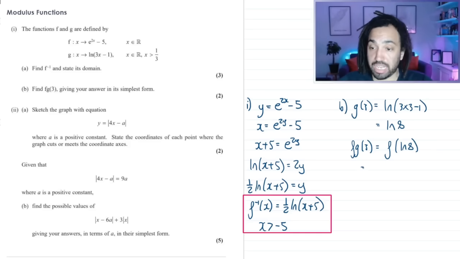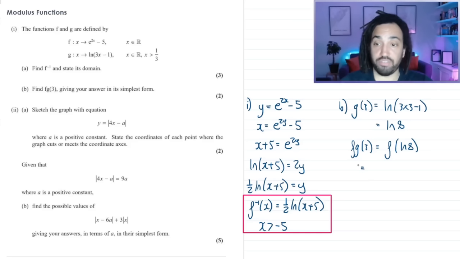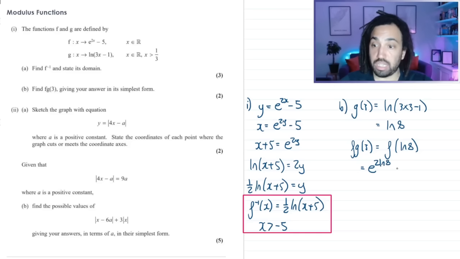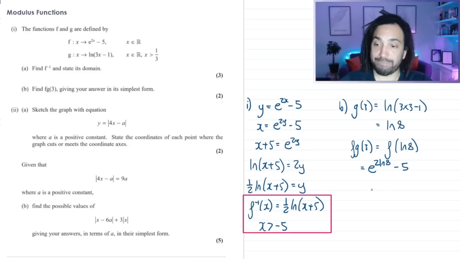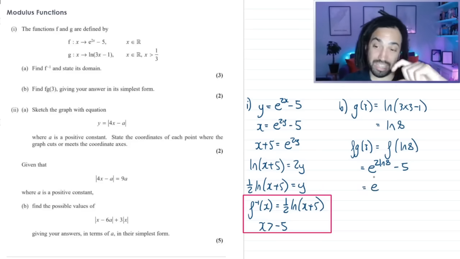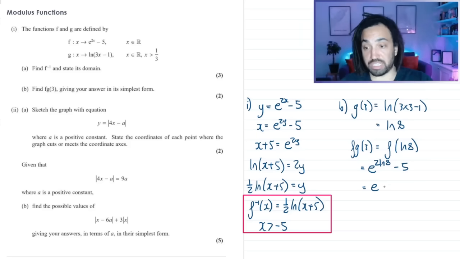And putting ln 8 into f is going to give us e to the 2 lots of ln 8 minus 5. Now if we move this 2 up to the power, then it will put the e and the ln next to each other, which will cancel out.